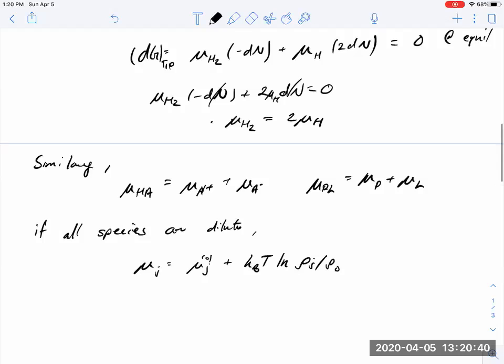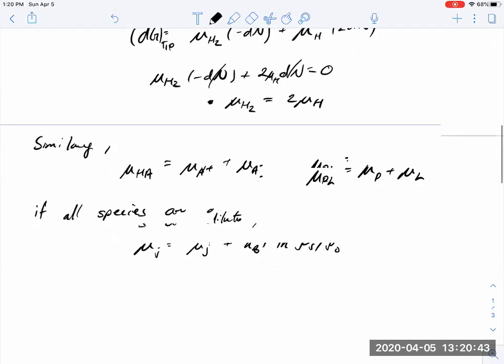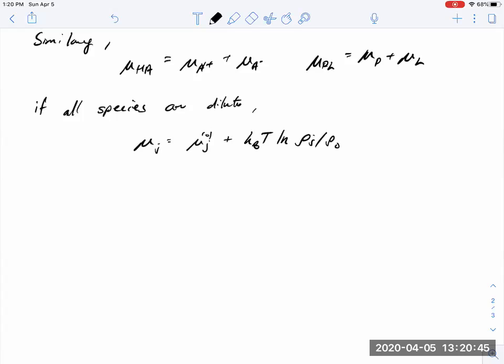Given these equalities of chemical potentials, we can rearrange that form.